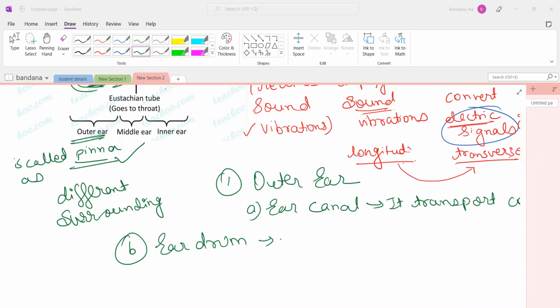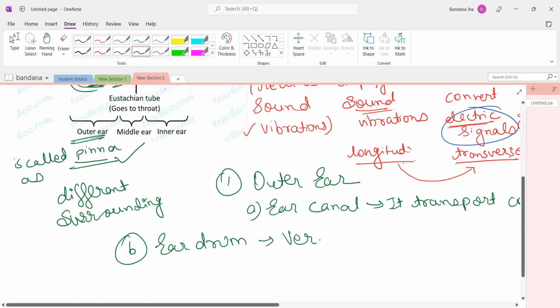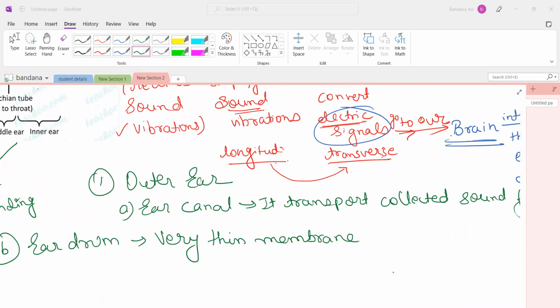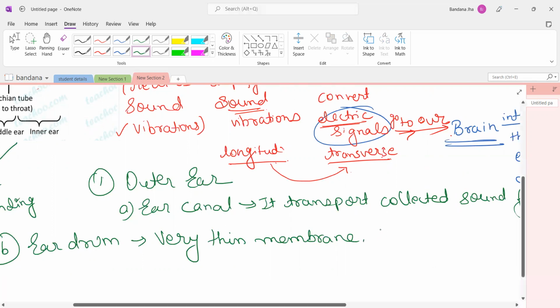This is a very thin membrane. Because of that reason, doctors suggest that you don't put earbuds inside the ear. It may hurt our eardrum. So the main role of our eardrum is that it collects the compression and rarefaction of sound.